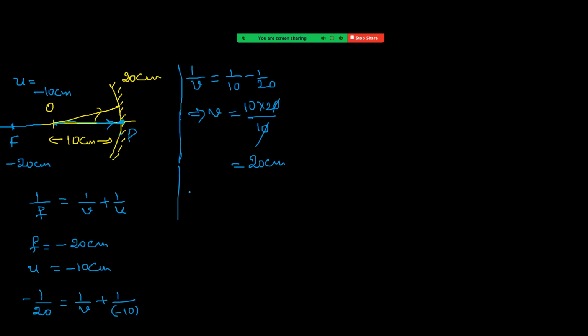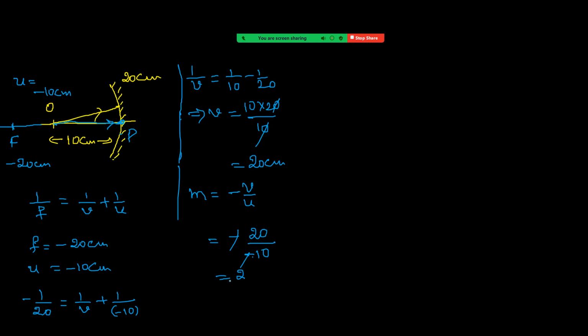And see one more point here. Magnification is minus v by u. u negative, v positive. So I'm substituting values here: v value 20, u value minus 10. This is now 2. Magnification we got plus 2.